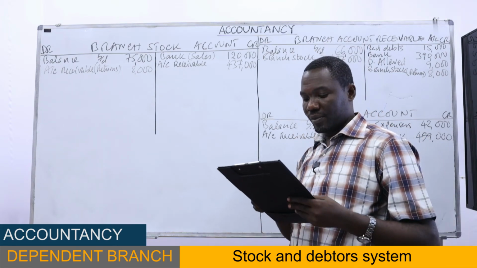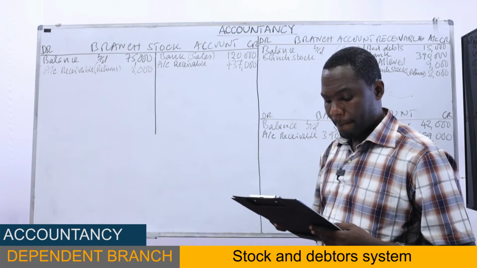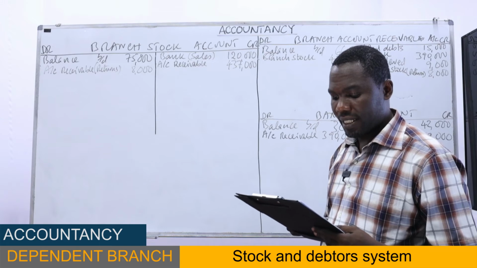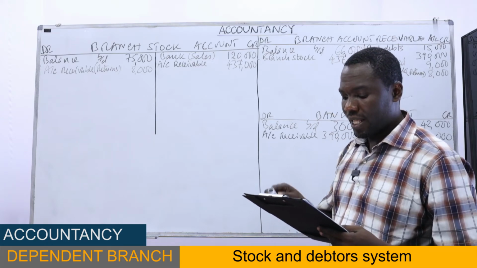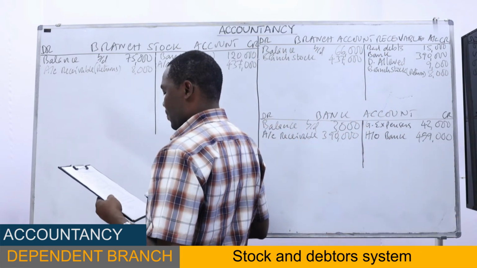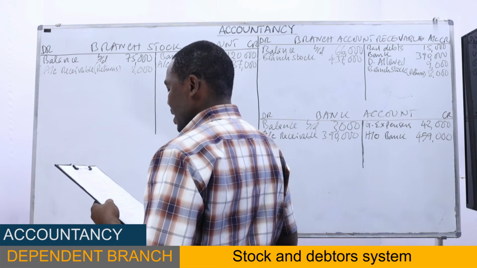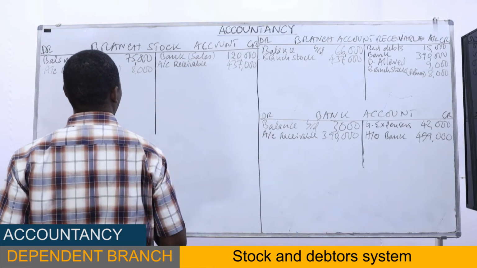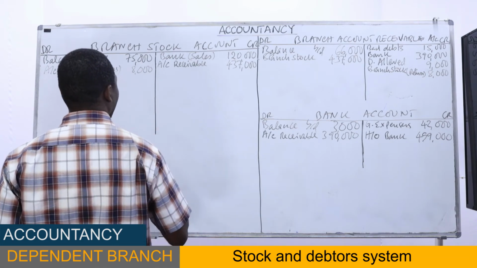Then the next item was goods returned from the branch. So this is a return from the branch to the head office, 30,000. If it is a return to the head office, then it should be debited here, credited in the branch stock account and debited to goods sent.